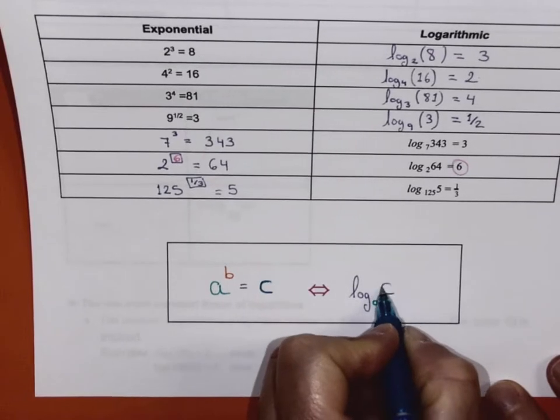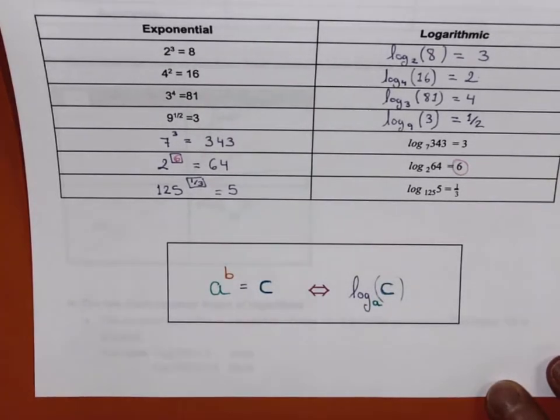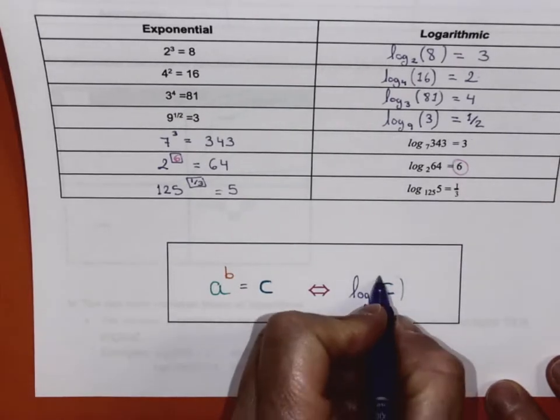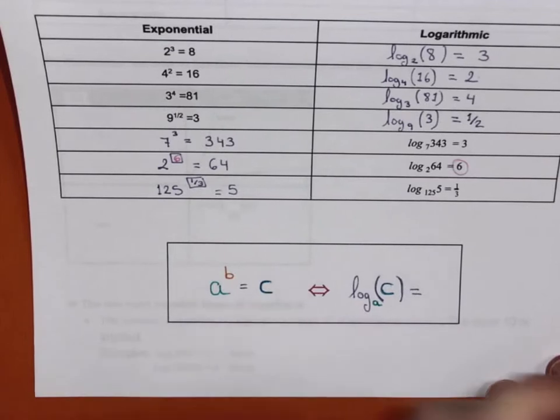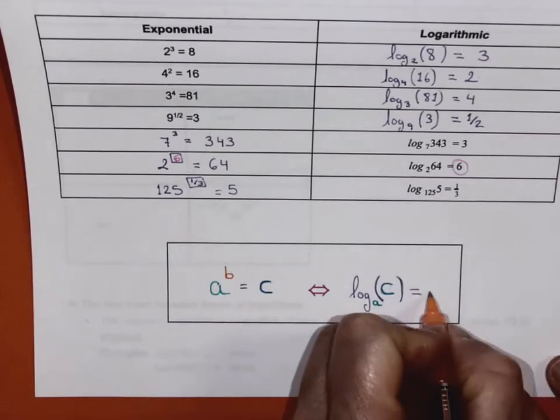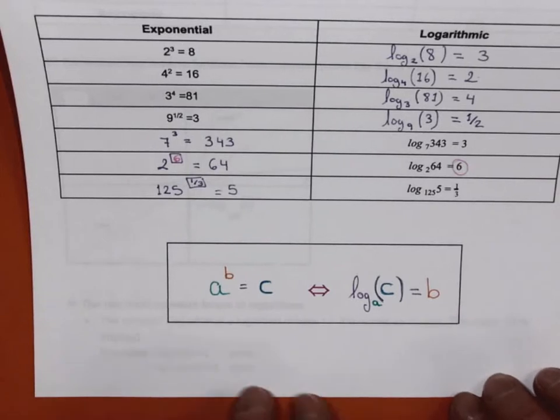So I'm going to have that inside my log, that's C there. And let's put that in purple here. And that's going to be equal to the exponent, so the B. And that's how we're switching back and forth, right? Exponential, logarithmic.